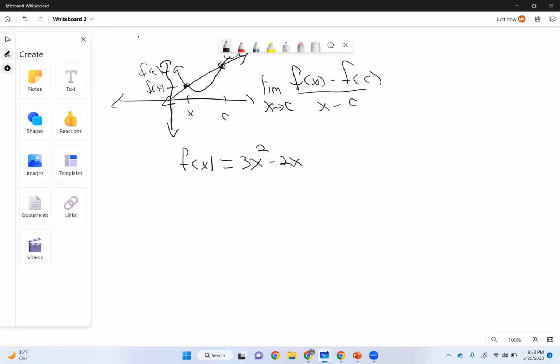And this is actually easier than finding it at the point. And then, what would be the value of f of C? F of C would equal 3c squared minus 2c.